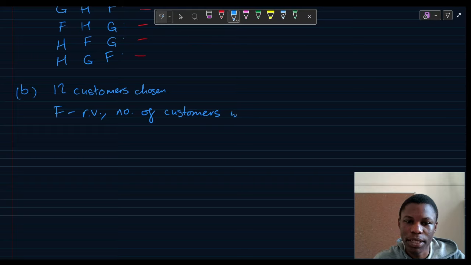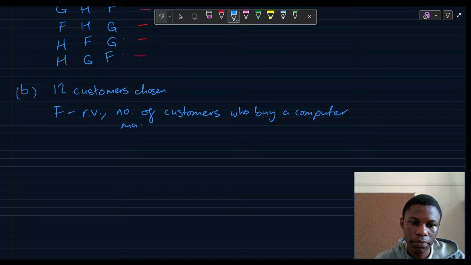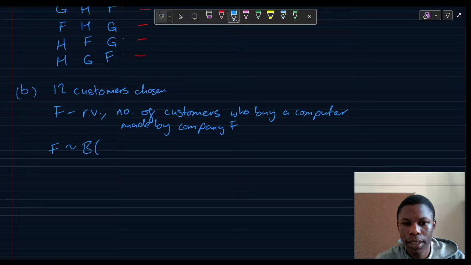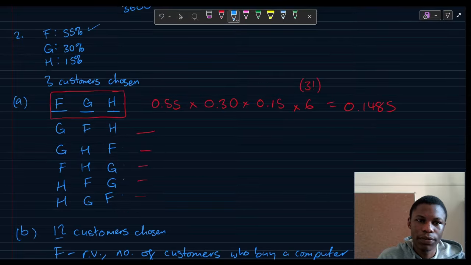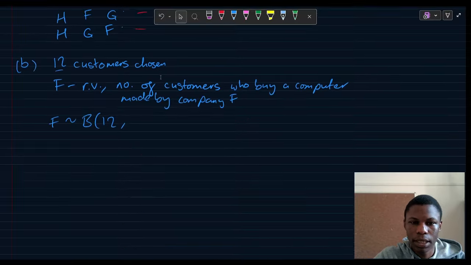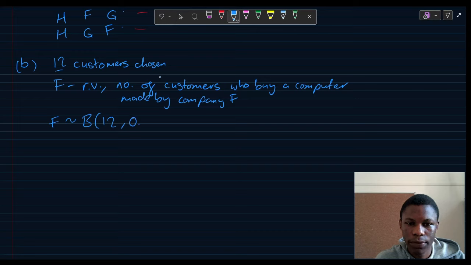F is the number of customers who buy a computer made by company F. And we know that F follows a binomial distribution with our sample size being 12. Probability of success is 55%. Write it as a decimal, 0.55.